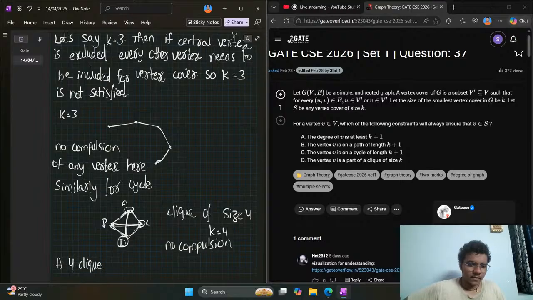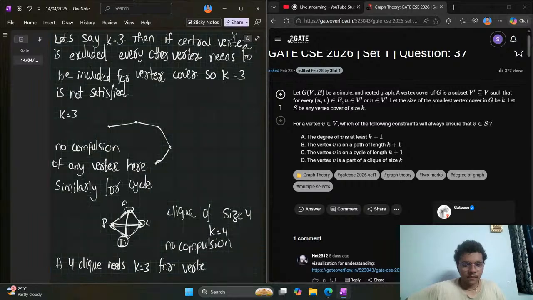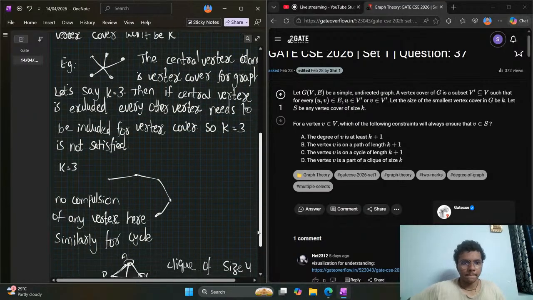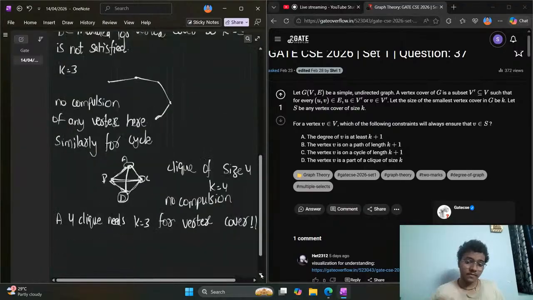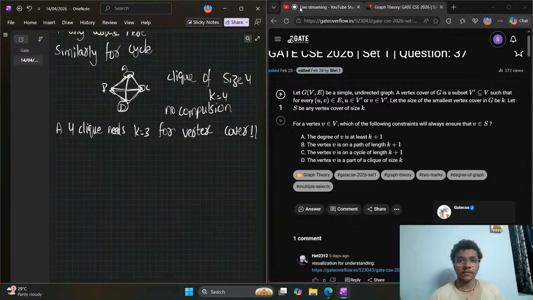For black, it needs k equal to 3 for the vertex cover. This is what I have understood actually.